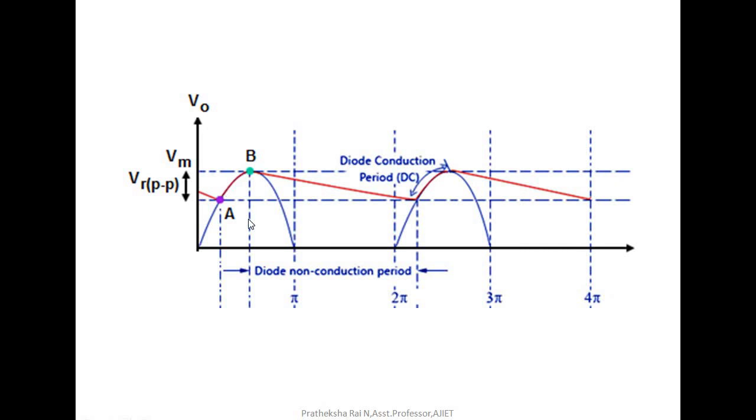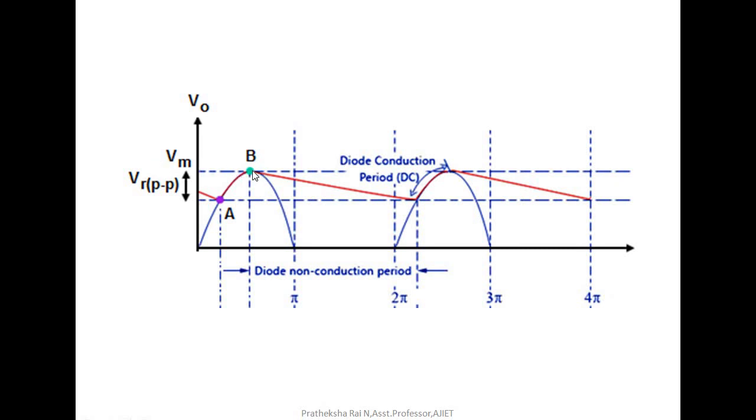We all know that in the case of a half wave rectifier, students, just concentrate on the blue lines. We get the output during the positive half cycle, and during the negative half cycle we have zero output. Again during the positive half cycle we have the next output. Now when the diode is forward biased, what does the capacitor do? The capacitor starts charging to the peak voltage, that is Vm.